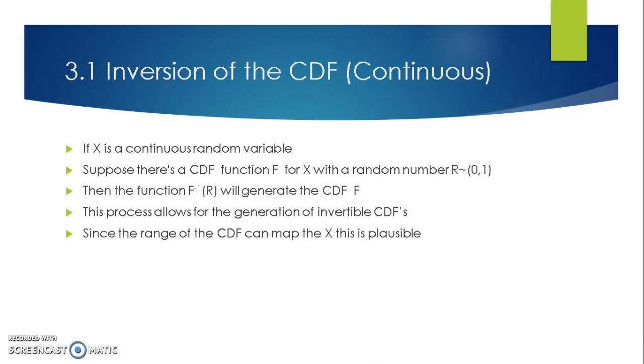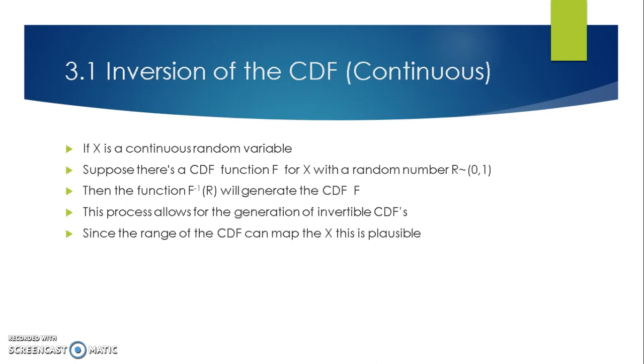Then the inverse of the F function, whenever you plug in a uniform random variable, will generate the CDF of F. This allows for the generation of invertible CDFs, and since the range of the CDF can map to the random variable, this is plausible. So basically what we're saying is that the y's plot all of the x's, and that the x's are plotted from the y, and they encapsulate it.